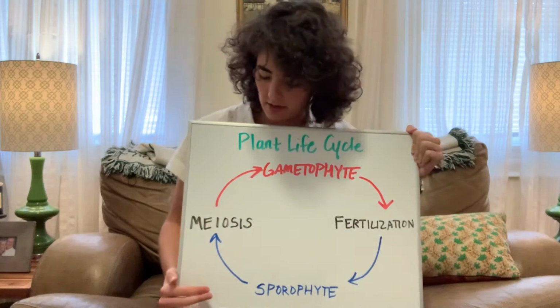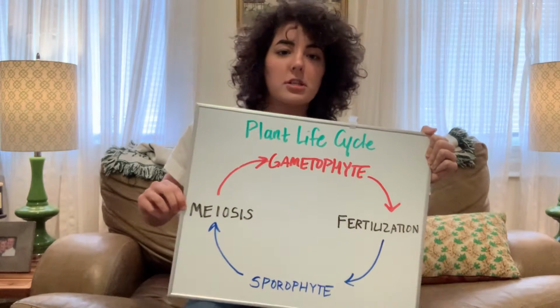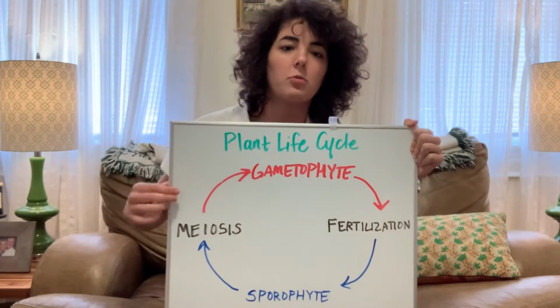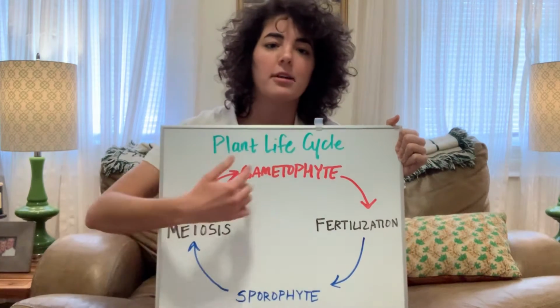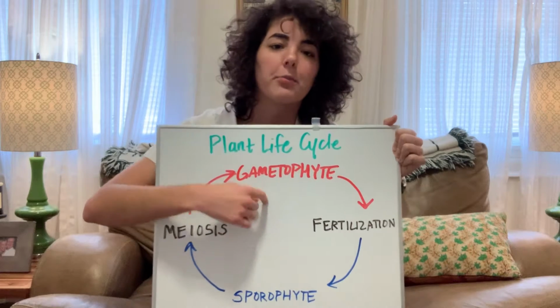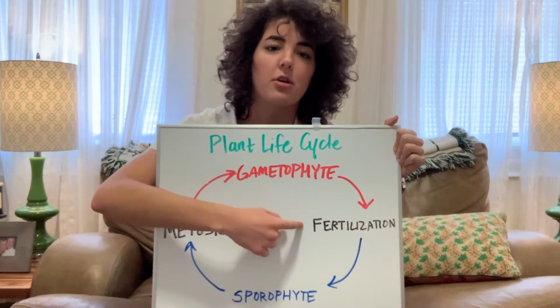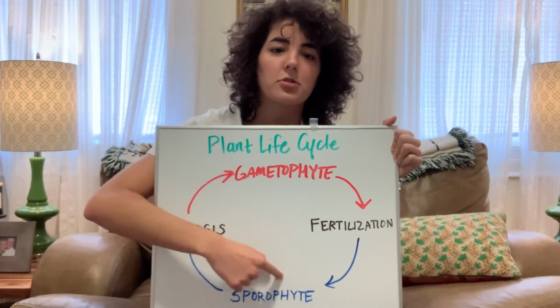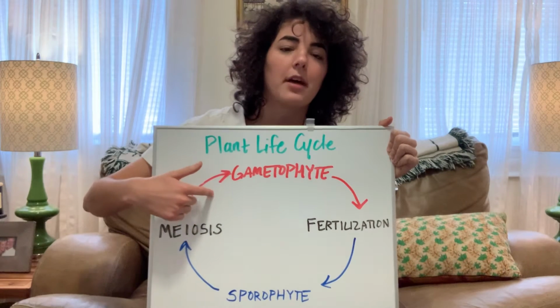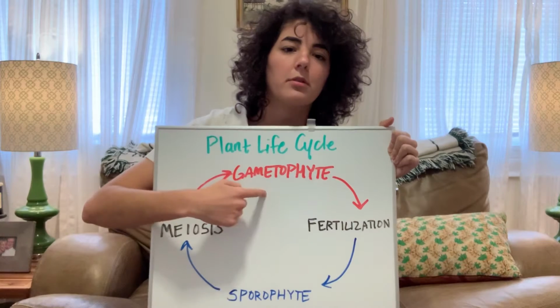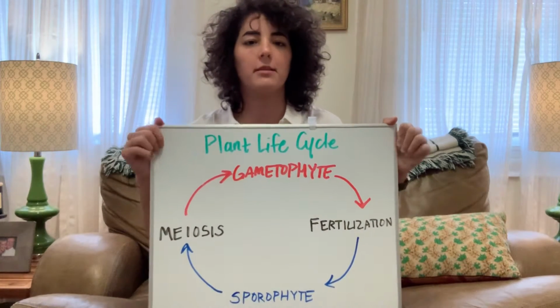The sporophyte then, through the process of meiosis, produces spores, which then grow into the gametophyte. So they both give rise to each other. The gametophyte produces gametes, which are then fertilized, that grow into the sporophyte. The sporophyte produces spores through meiosis that then grow into the gametophyte.